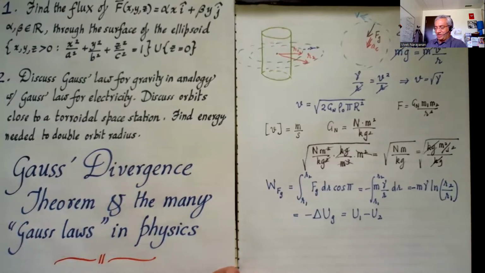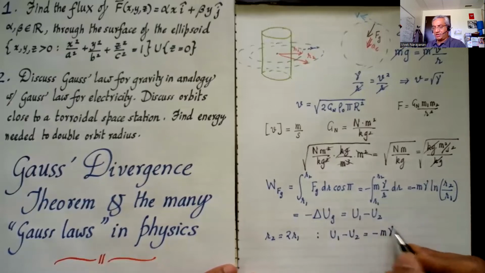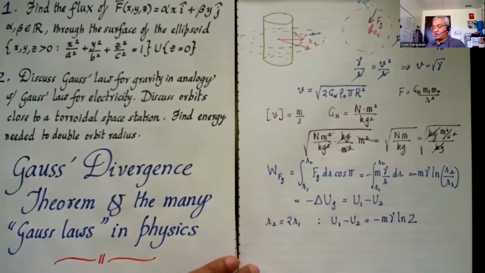To double the orbit radius, we're going for R2 equal to 2R1, which means that's natural log of 2, whenever you see that. So I'm going to get U1 minus U2 equals negative m gamma natural log of 2. And the energy needed, delta E, is going to be the energy at orbit 2 minus the energy at orbit 1.